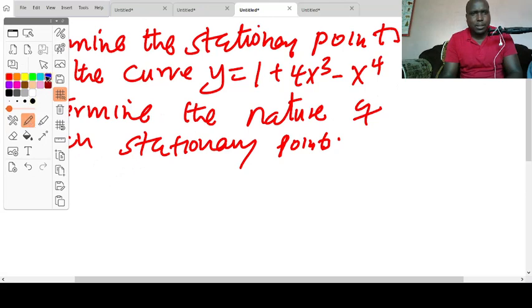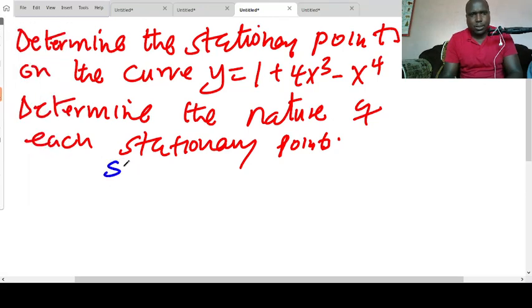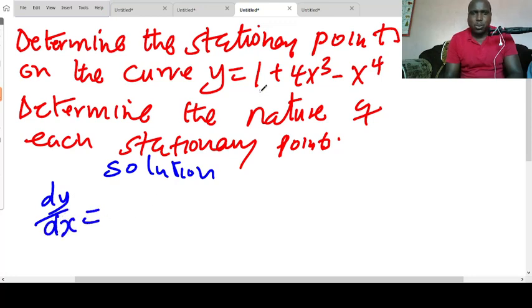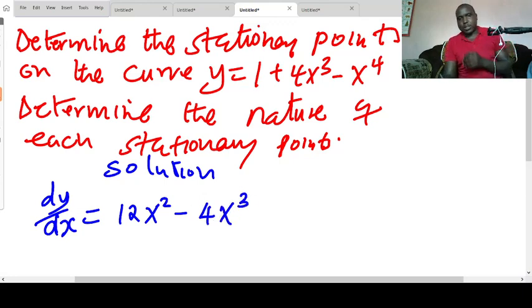Let us look at this one very fast. First let us find dy over dx. 3 times 4 will be 12x squared minus 4x cubed. That is our gradient function, and we set it equal to 0. We can see 4x squared is common.